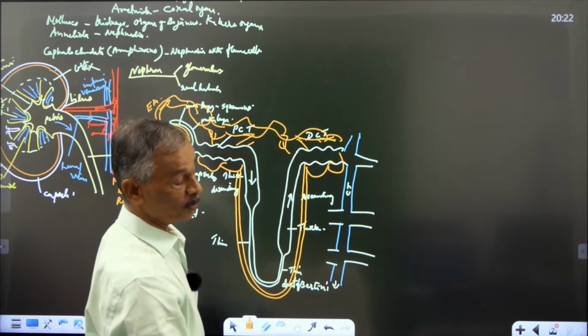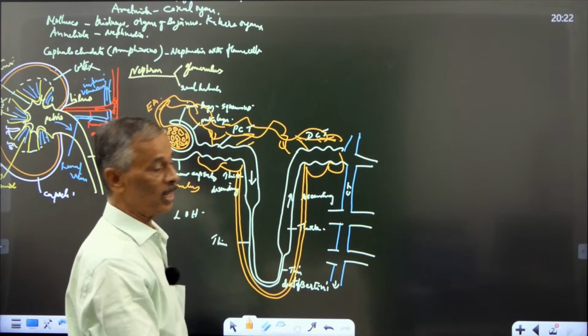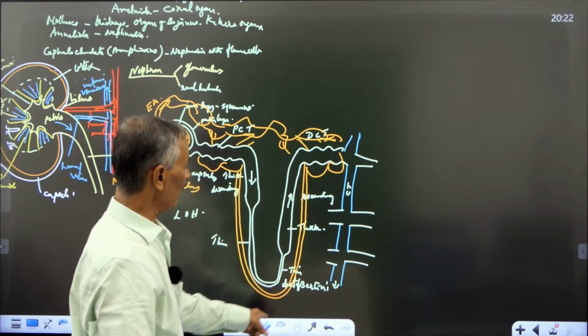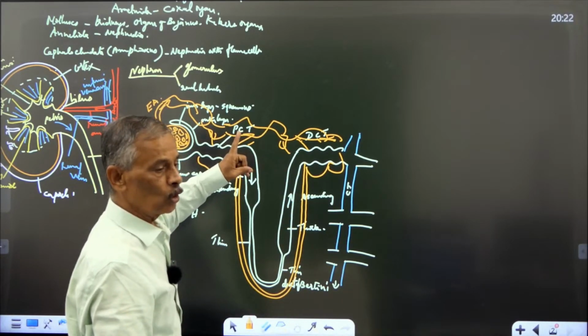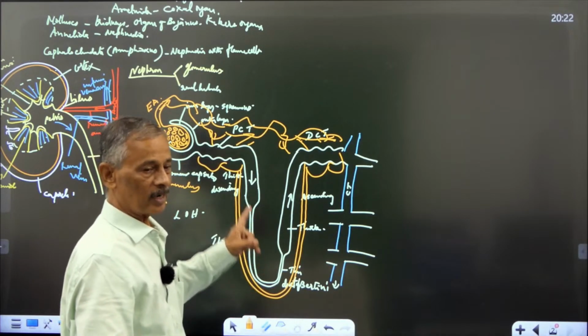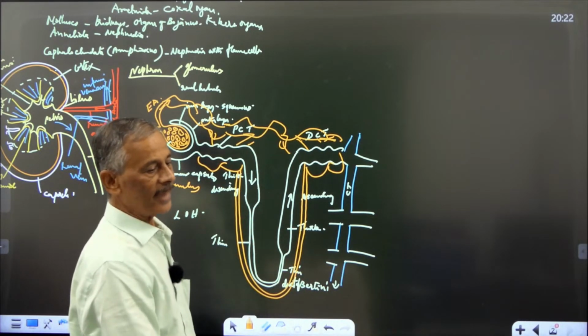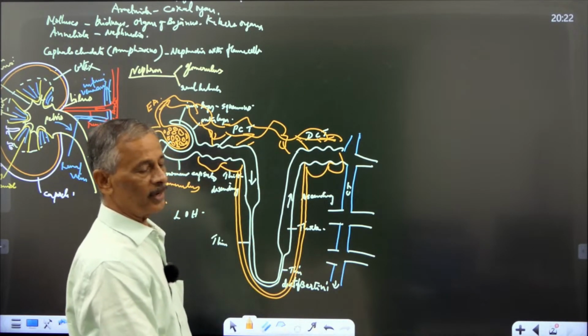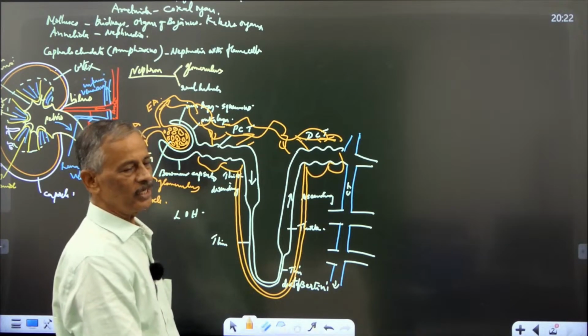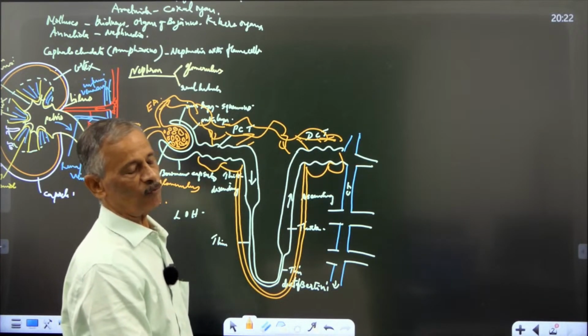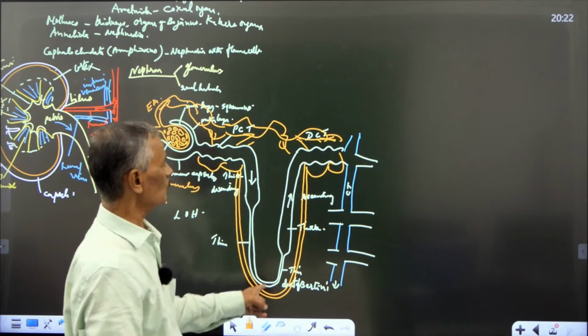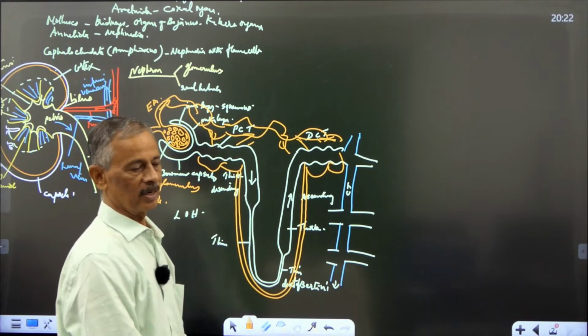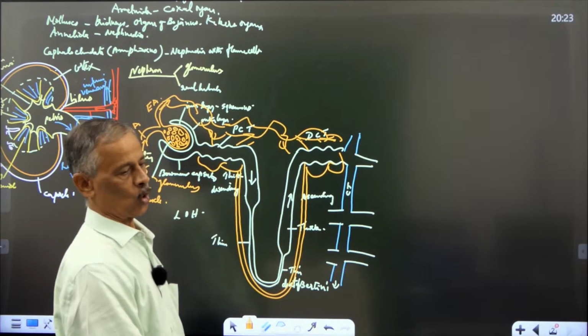Remember, Henle's loop is very long, going deep into the medulla. So, this blood vessel capillary is also going deep into the medulla, running parallelly, and in them, flow of blood is opposite to the direction of the flow of urine in Henle's loop. We will be discussing that later on.